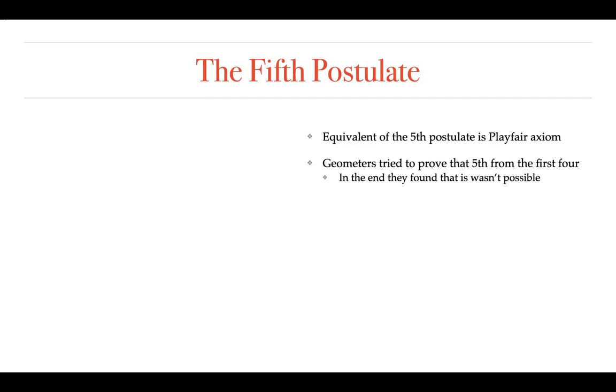They found that the fifth postulate is a separate logical possibility. But their effort really paid off, because it ultimately led to something called non-Euclidean geometries, as we will discuss in the forthcoming slides.